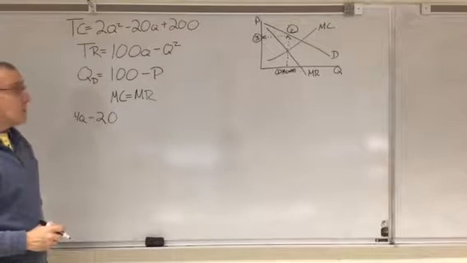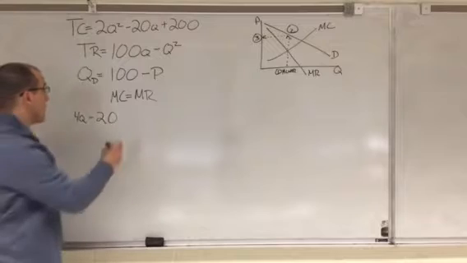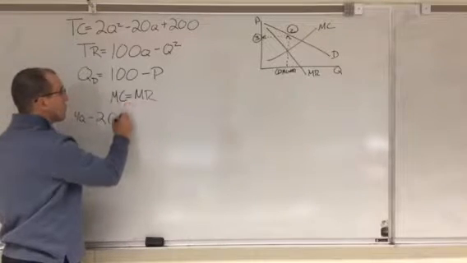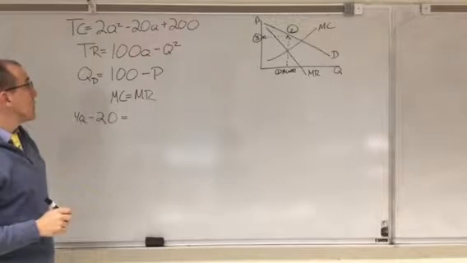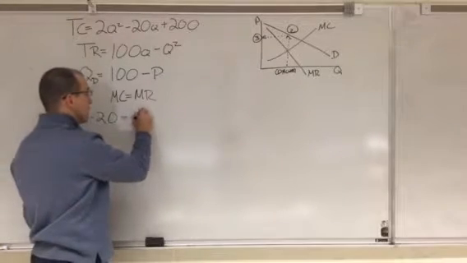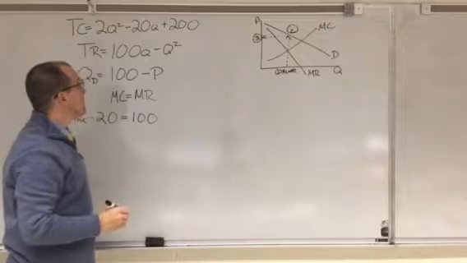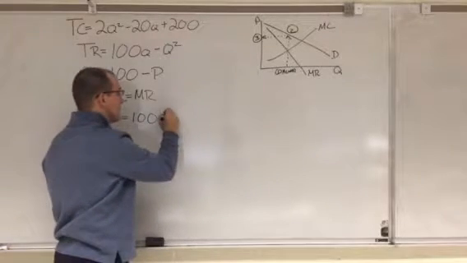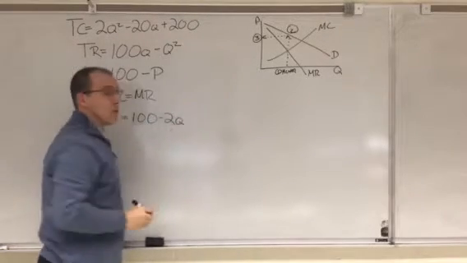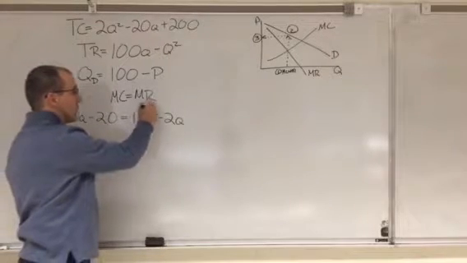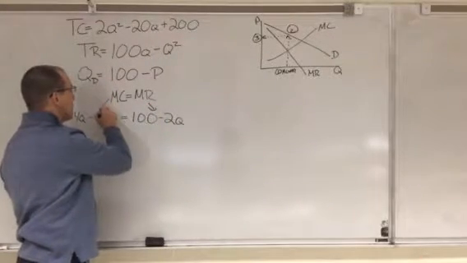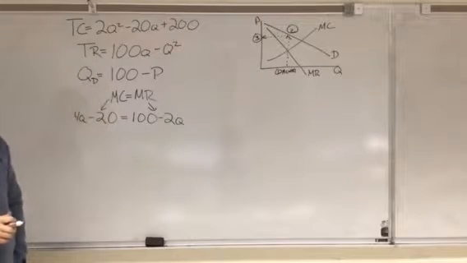For my total revenue curve, I will do basically the same process. My marginal revenue, the first derivative of my total revenue curve, will be 100 minus 2Q. So right here is marginal revenue, and right here is marginal cost.